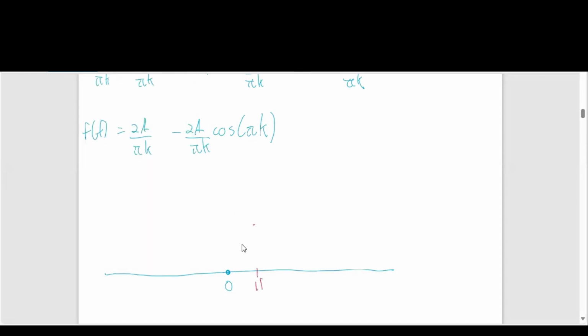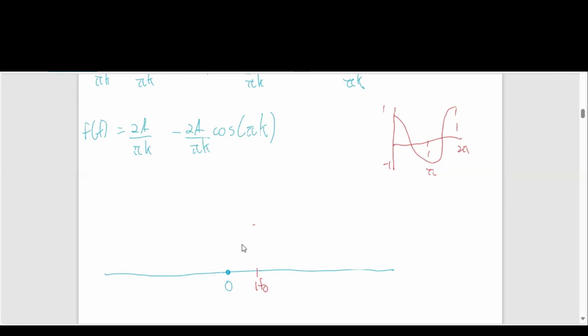Next we have k equals 1. So when k is 1, you get 1 here. So cos of pi, if you remember, cos goes like this: there's 2 pi and there's pi. So cos of pi is minus 1. So when you plug 1 into this, you get minus 1 here.